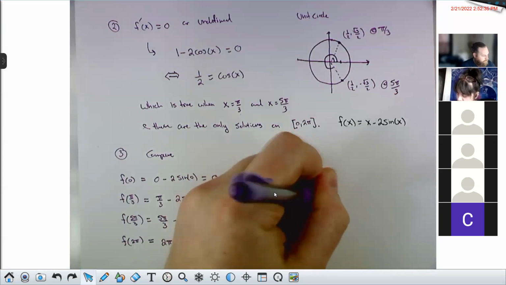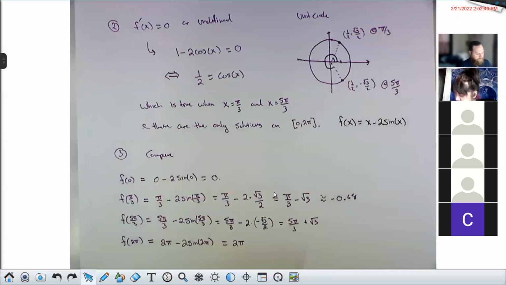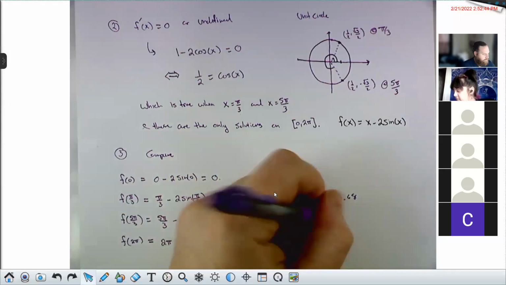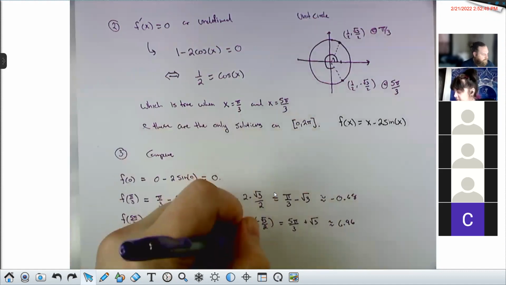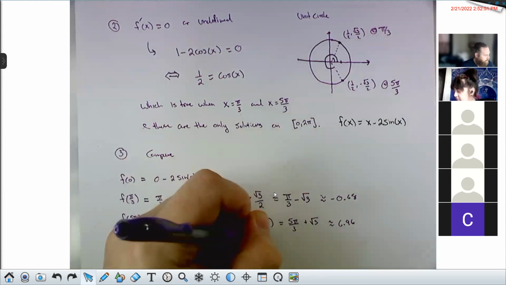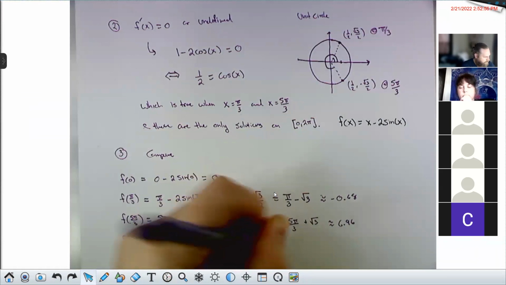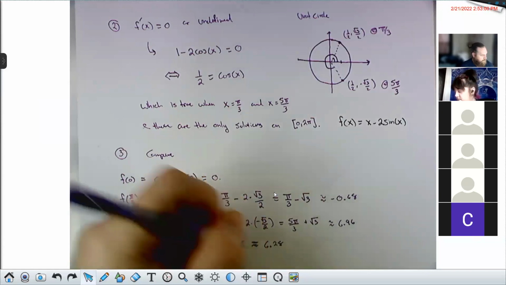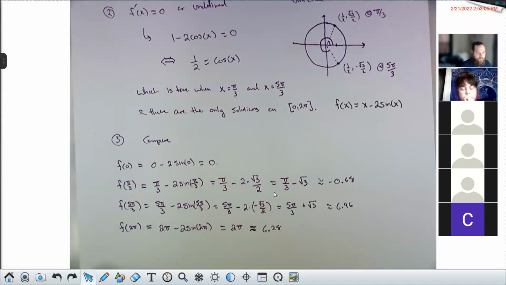So this was about negative 0.68. This guy is about 6.96-ish. And this guy is 2 times pi, like 6.28-ish. So the largest of these is f of 5 pi over 3.